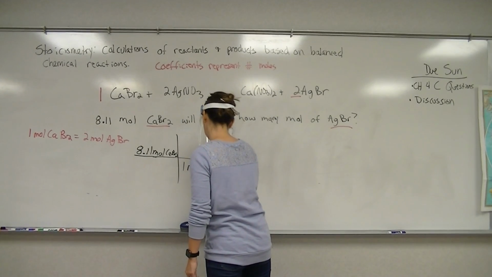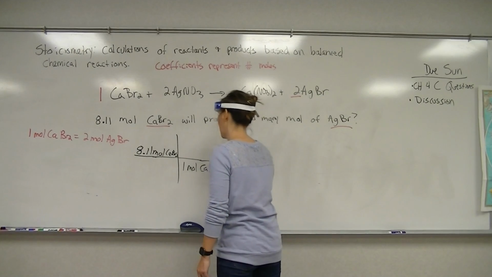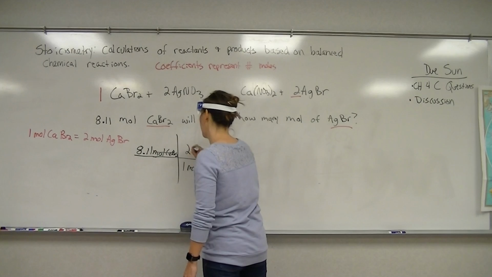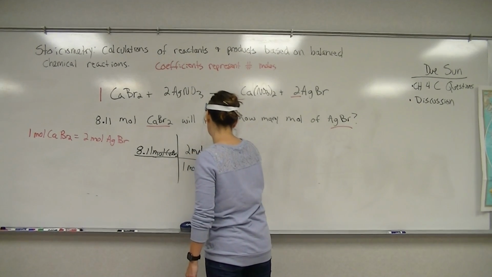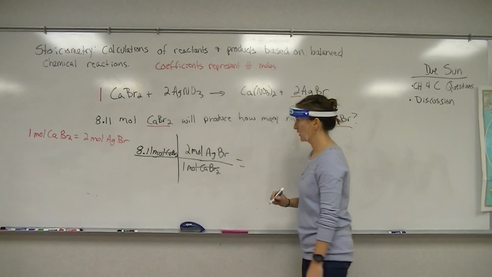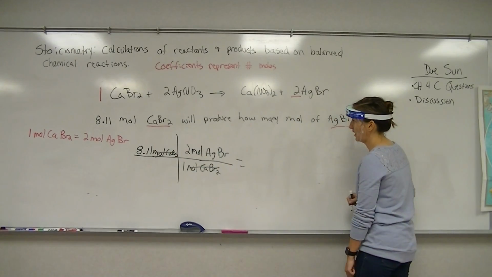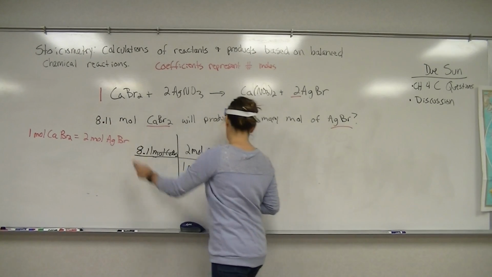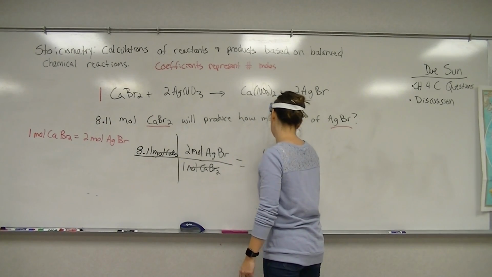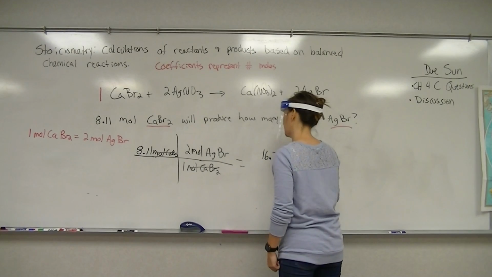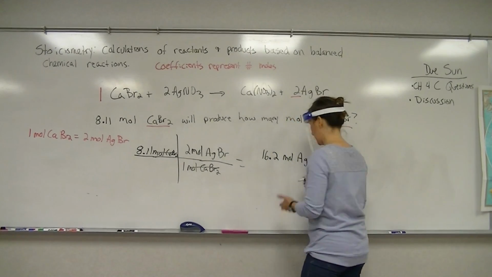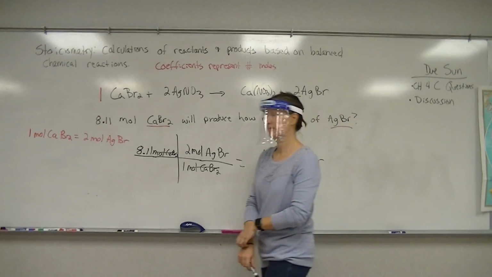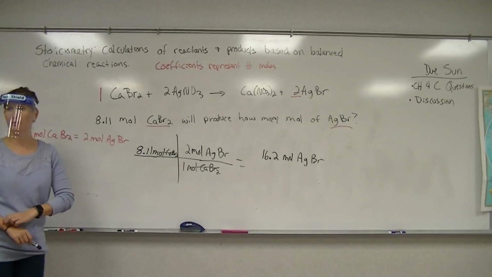Putting it on the bottom cancels out moles of calcium bromide and puts the 2 on the top. We're just taking 8.11 times 2, and how many sig figs? 16.2, is that correct?